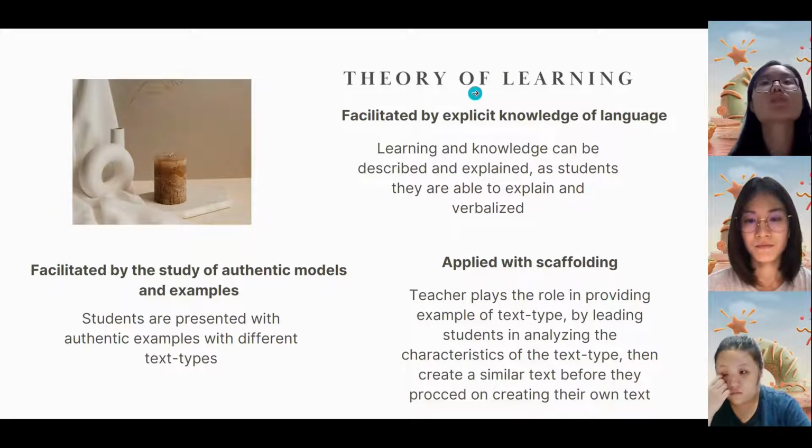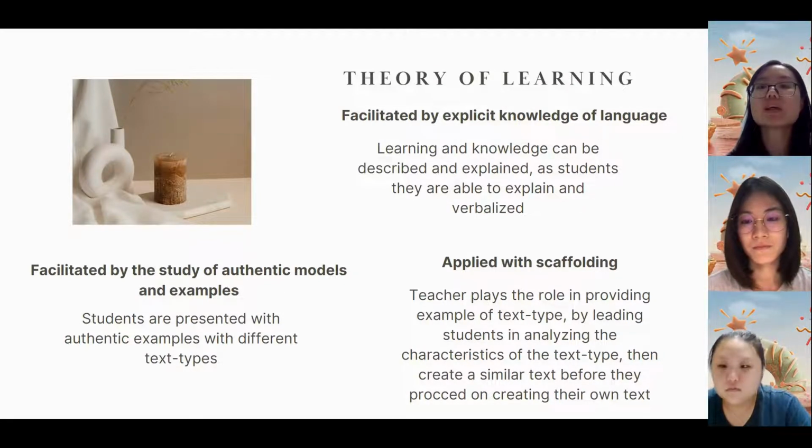And the theory of learning in TBI is facilitated by explicit knowledge of language. Unlike implicit knowledge, the learning and knowledge can be described and explained. As students, they are able to explain and verbalize. Secondly, facilitated by the study of authentic models and examples, in which students are presented with authentic examples, just like what we have seen in the table of text types.